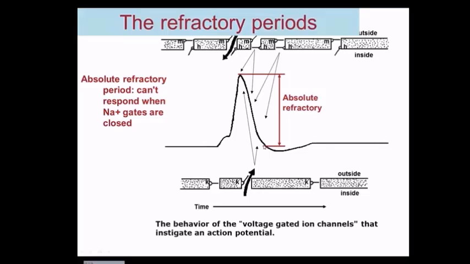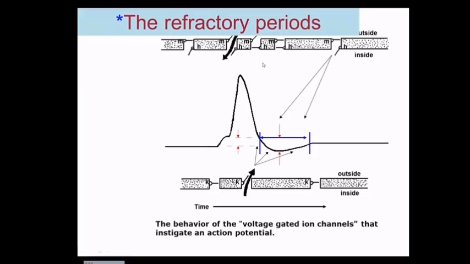So it needs to go through the whole process to send another action potential? Yes, that's one way of looking at it. You've got to get the H gate conformation to open. Only the M gate, or the M gate conformation, can respond to threshold. Okay?